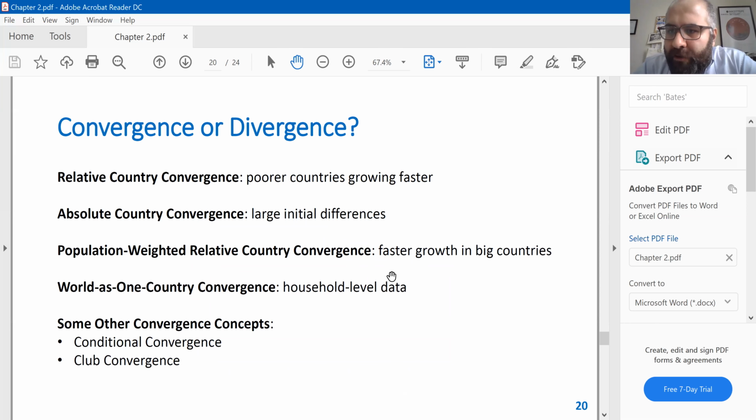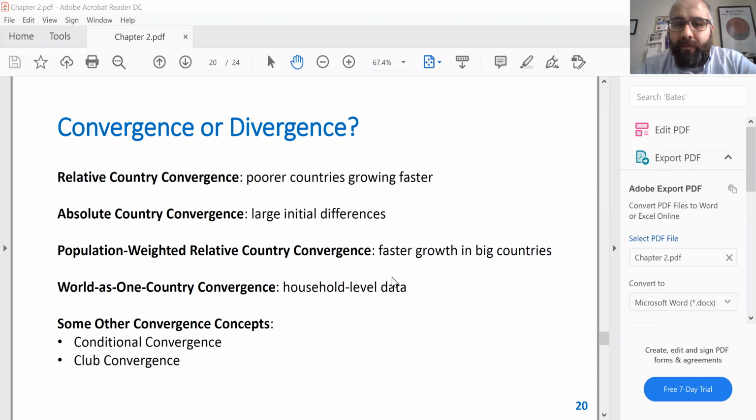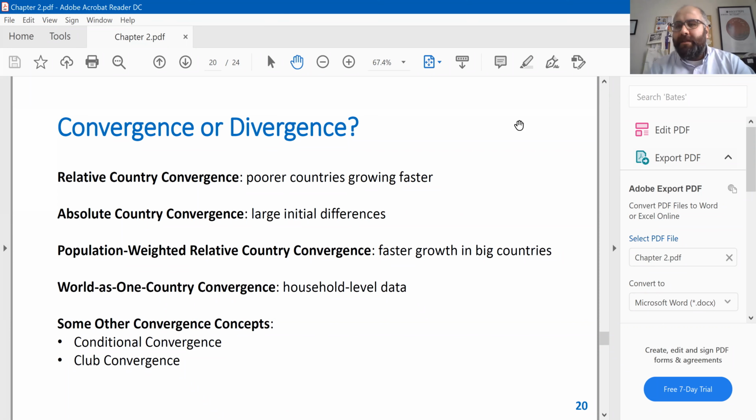Now, one interesting issue, of course, especially after 1980s, is the issue of faster growth in large economies. Here, the interesting examples are India and China, and to some extent, countries such as Indonesia as well. So those countries grew faster after 1980s. If you do not take the weighted average, weighted by population, you basically treat each country as a country whose population is just equal to 1.